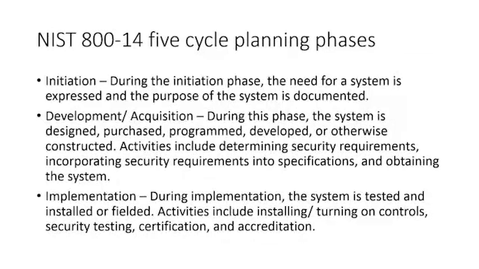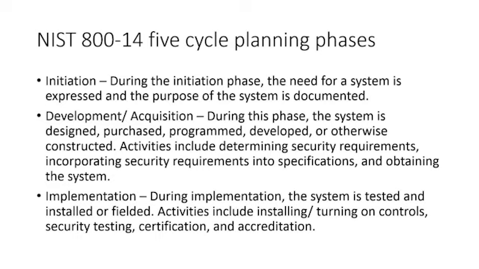So then once we have the request come through, we get into the development and acquisition stage. During this phase, the system can be designed, purchased, programmed, developed. Somehow it's put together. It's constructed somehow, right? Because that's the whole engineering part of it. So we need to determine security requirements at this point. Right? We're going to look and say, well, what requirements do we have when it comes to security?